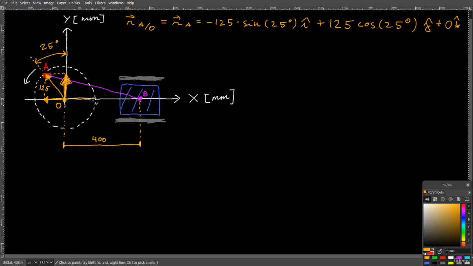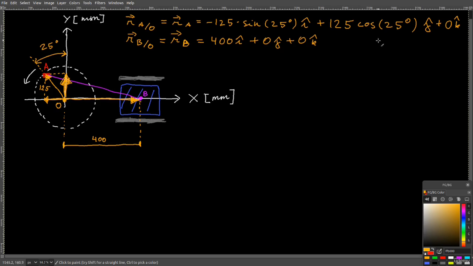And then we can define another position vector, this one here, and we can call it RB with respect to O, or simply RB. And so it would be 400 times i plus 0j plus 0k.